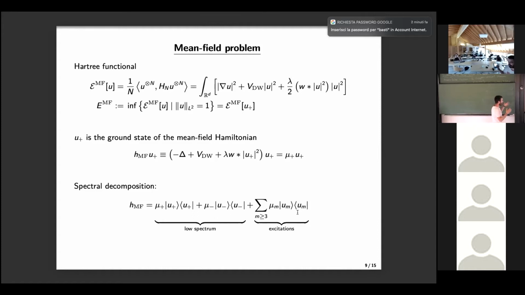Yeah, so this, let's say, turns out from the results I will show. But to get the idea, one should know information about the gaps of this Hamiltonian. So what is the energy cost in passing from here to here and in passing from here to here, right? So this should give an idea on how these modes are divided in energy scales.